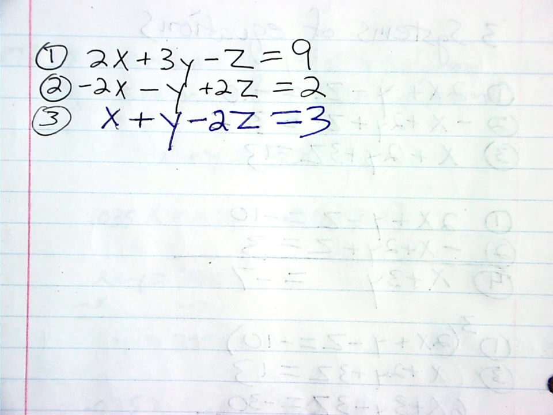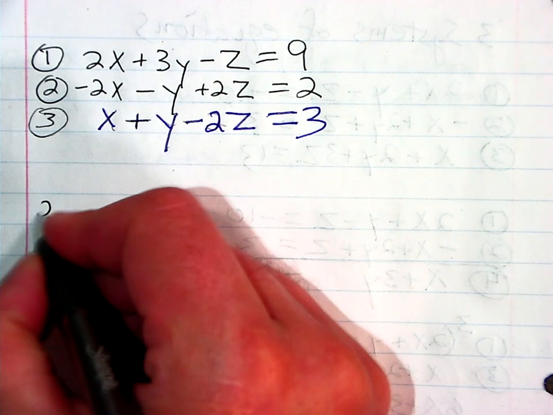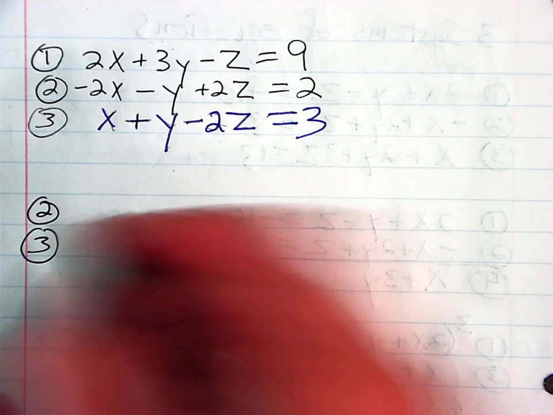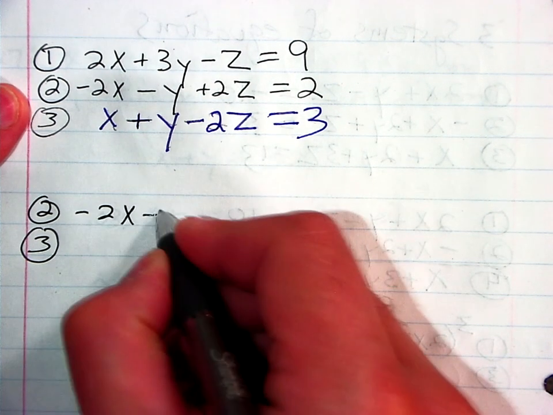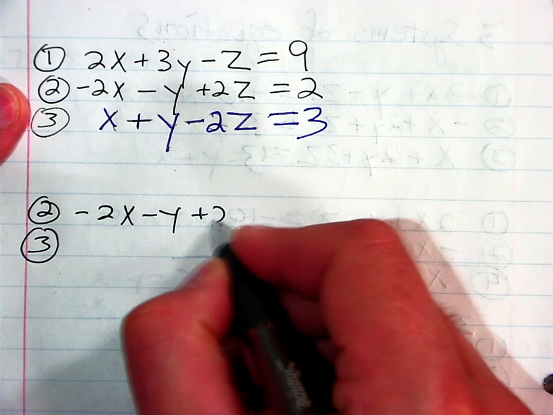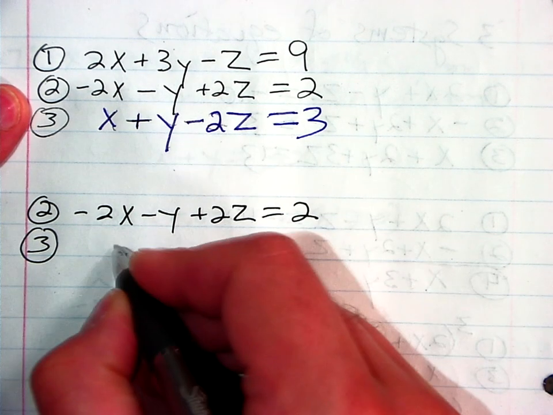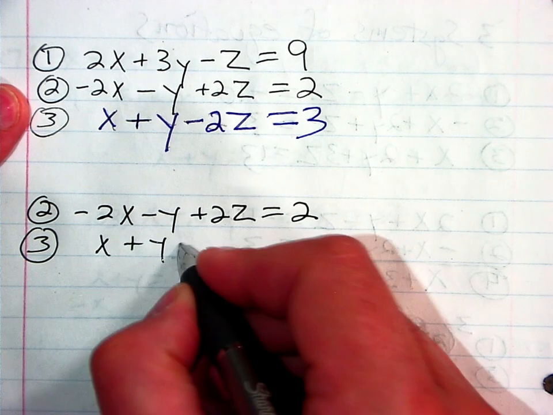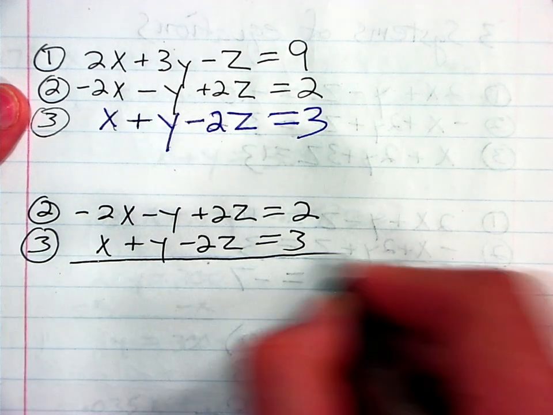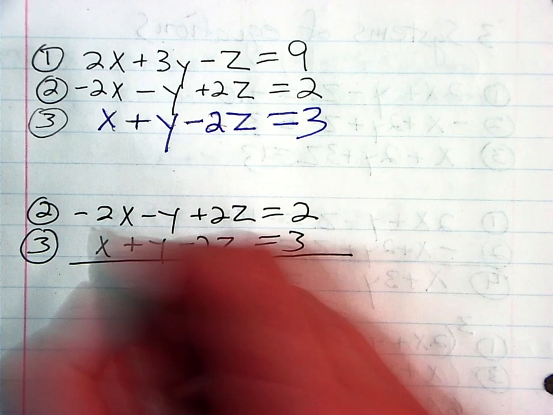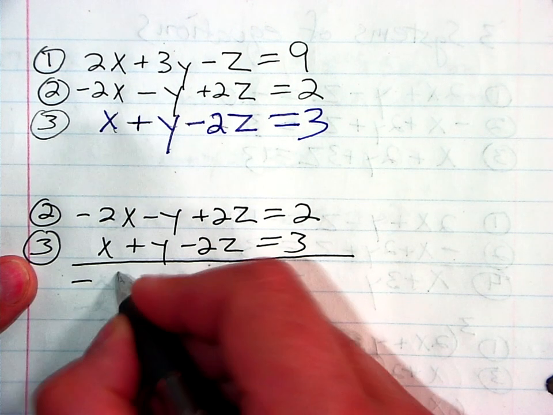All right, Kate, what two did you do first? And like I said, there are multiple ways to do this. So if you did it differently, it should still come out the same. All right, negative 2x plus x is negative x.